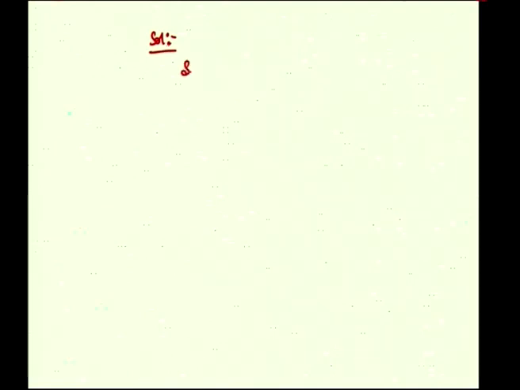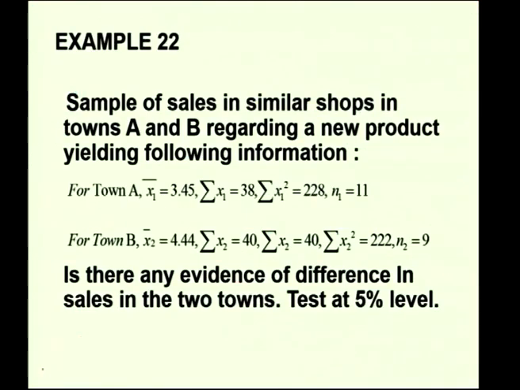So, the solution is: first of all we set up H naught. H naught is mu 1 is equal to mu 2. There is no difference. What is the question? Is there any evidence of difference in sales in two towns?